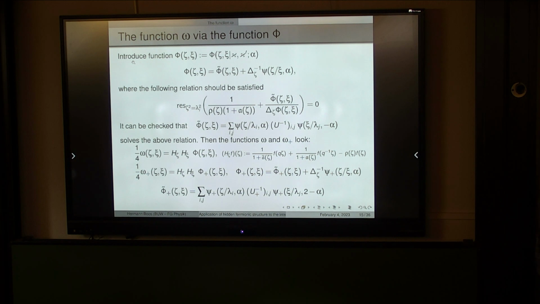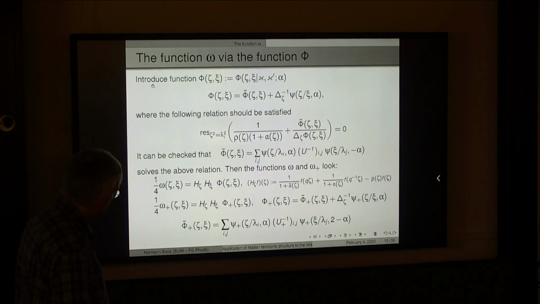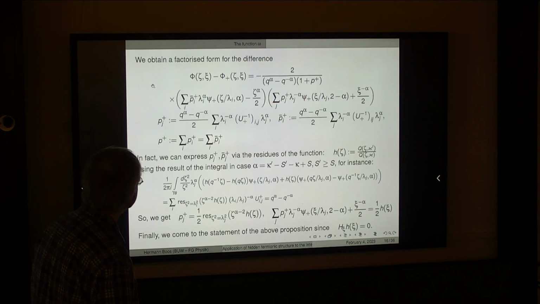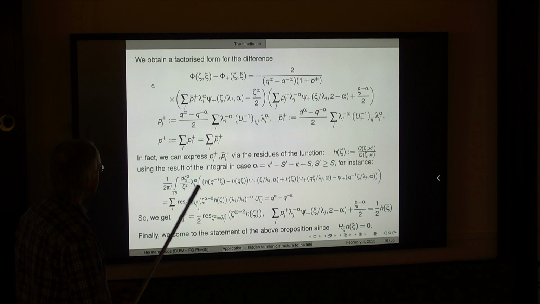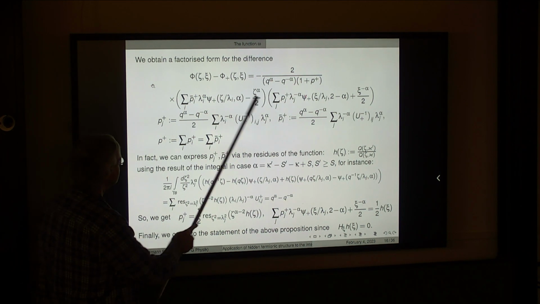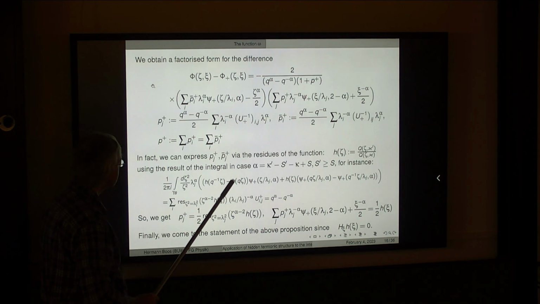So for phi plus, we get this instead of this, with psi plus and u plus. And now I show why it is useful. If we take a difference of phi and phi plus, then we get something which has a factorized form on the right-hand side. Factorized, yes?